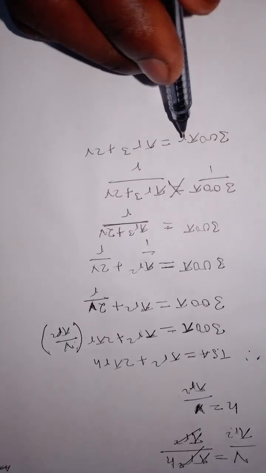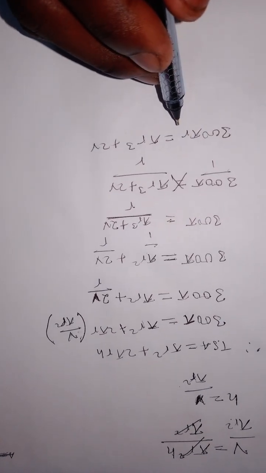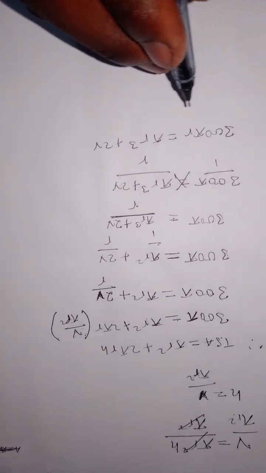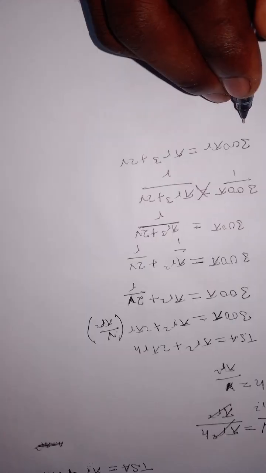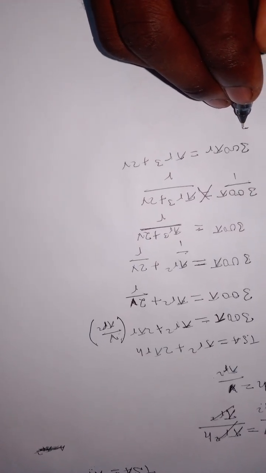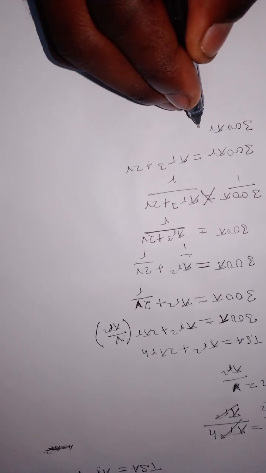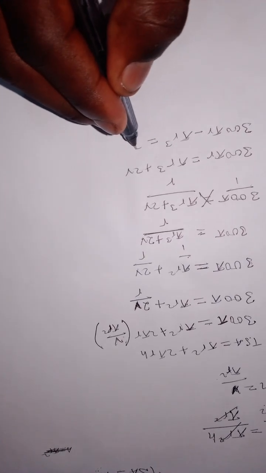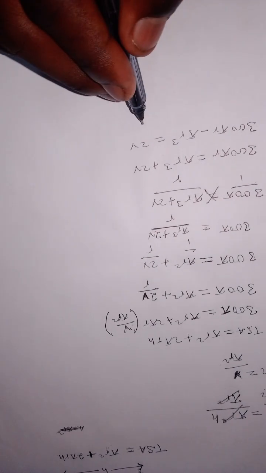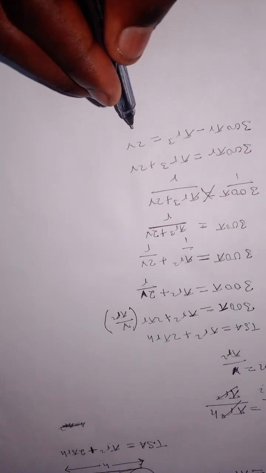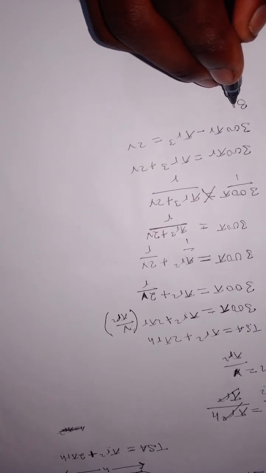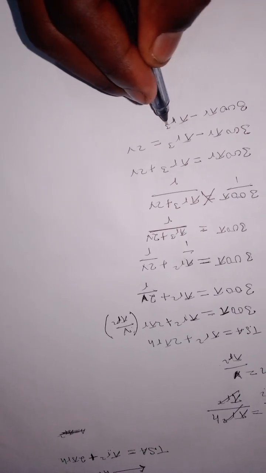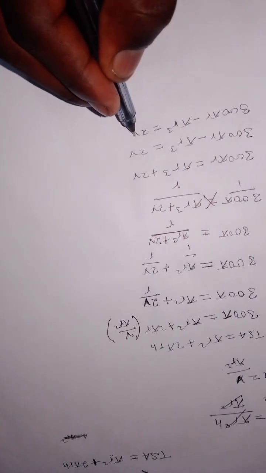In that case, we are going to transfer this so that we remain with 2V. Our aim is to make V the subject. So 300 pi r minus pi r cubed is equal to 2V.